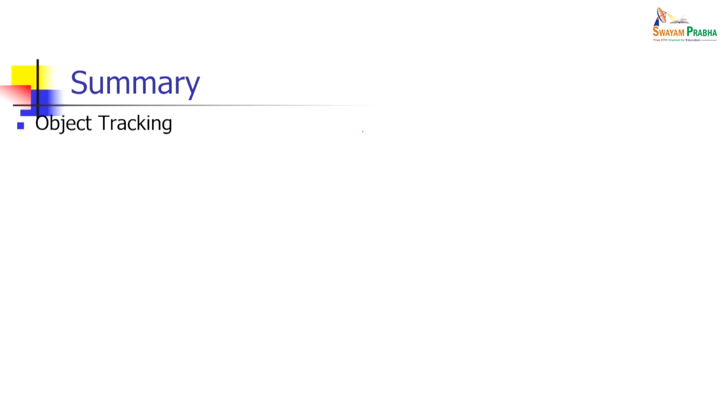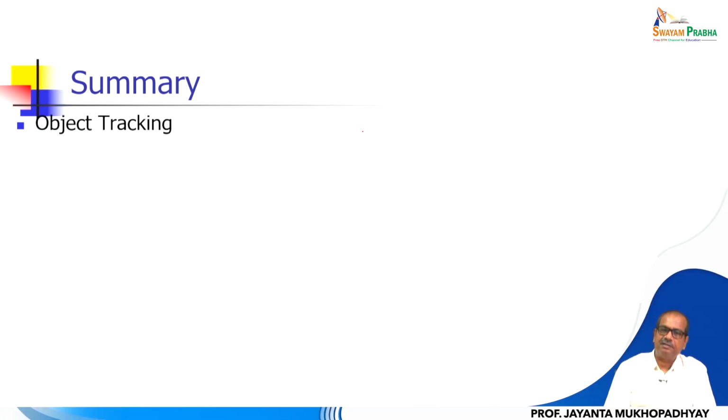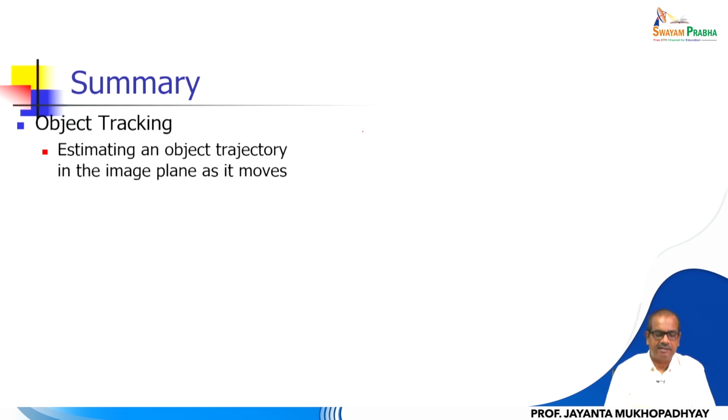With this, let me summarize whatever we discussed under this topic of object tracking. Object tracking means you have to estimate an object trajectory in an image plane as it moves. That is the objective.